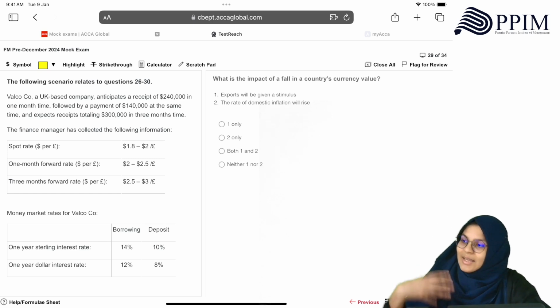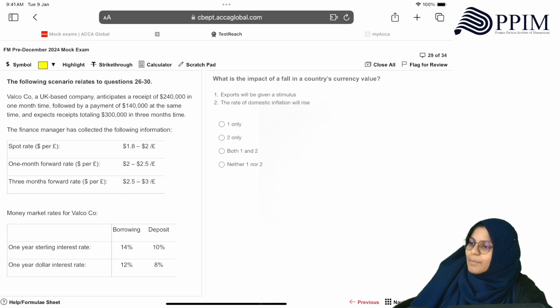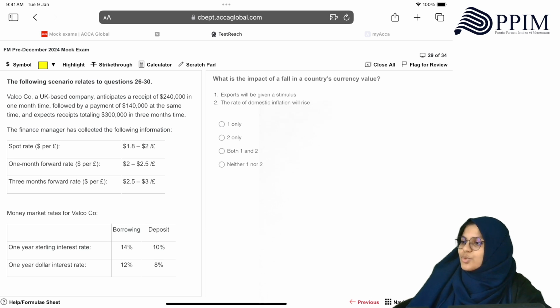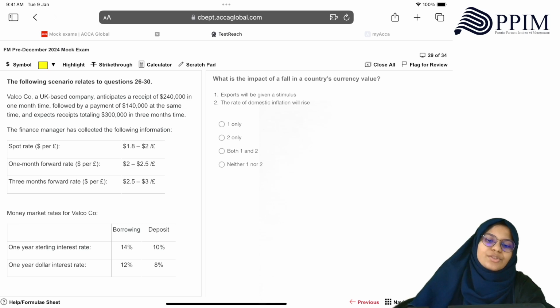Why? Because the buyer has more power in terms of currency. So if he can purchase more with a little bit of his currency, he will definitely be happy to purchase your goods. So exports will get a stimulus. Rate of inflation will increase. Yes, if your currency depreciates, we know that inflation will increase in that country. So both is correct.